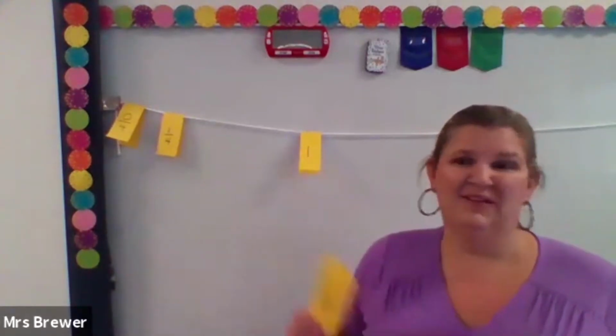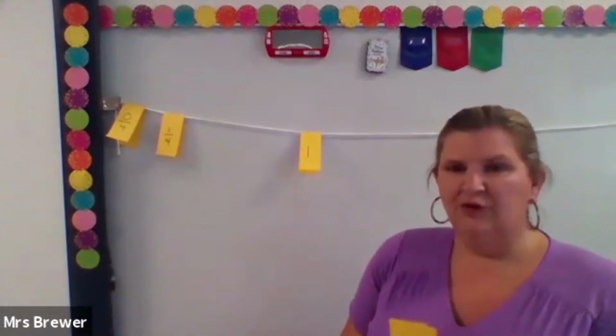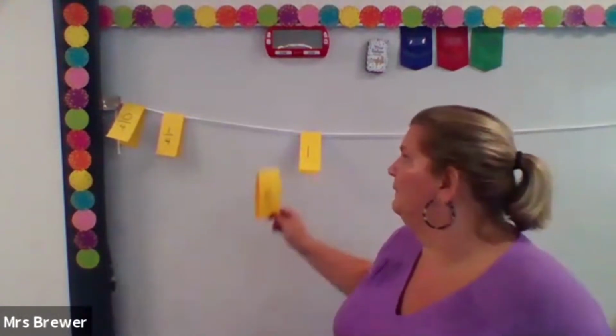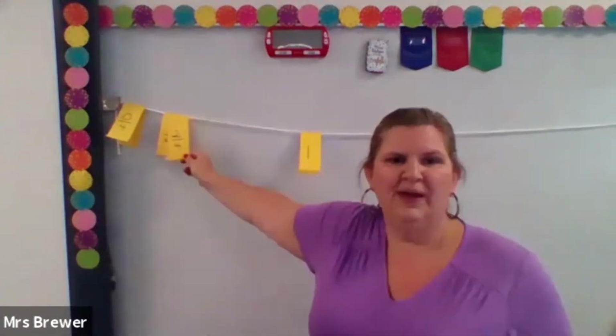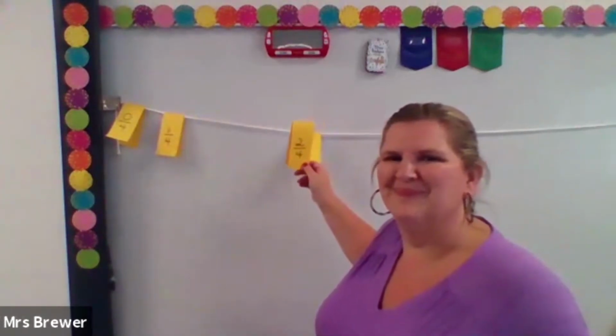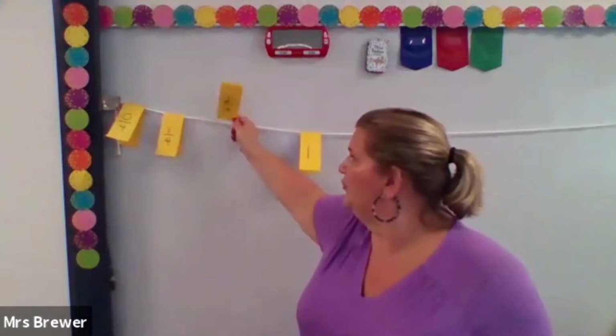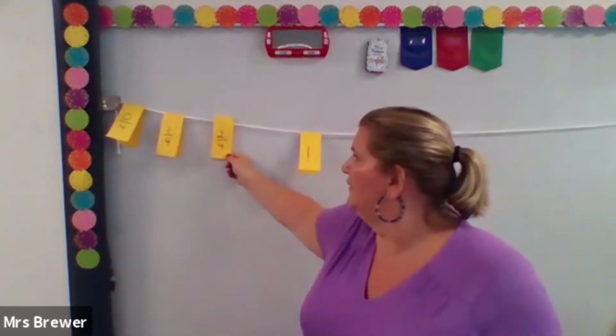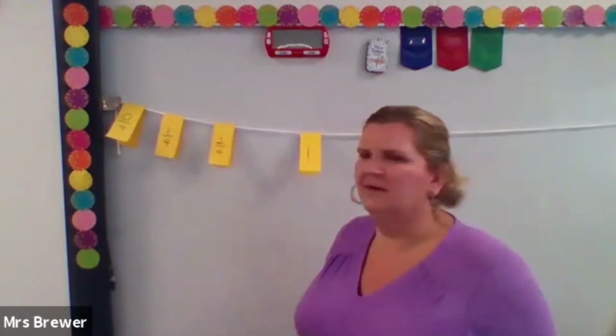I should see thumbs down. It's not bigger than 1 yet. So 2/4 would probably go where? Should I put it this way or should I put it that way? You're exactly right, boys and girls. 2/4 is going to go right here. Good job.